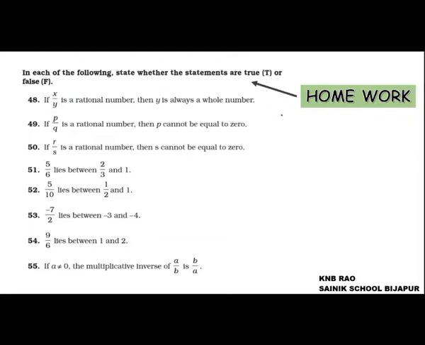So in a rational number, is the denominator compulsorily a whole number? Which is not true. In the case of minus 2 by 3, you could find minus 3 being an integer, not a whole number. So this statement is false.